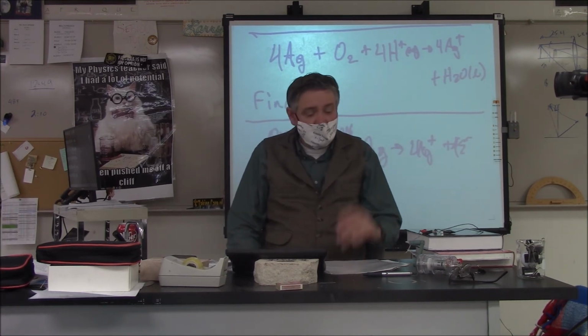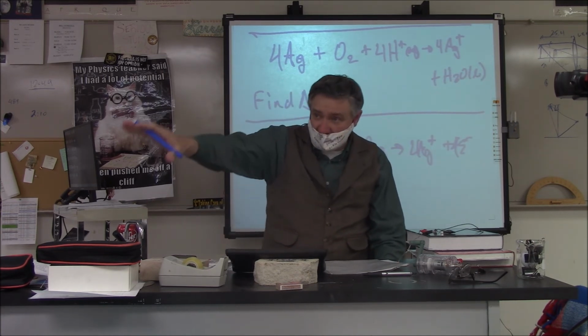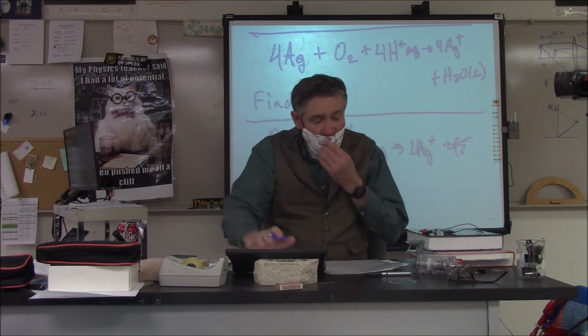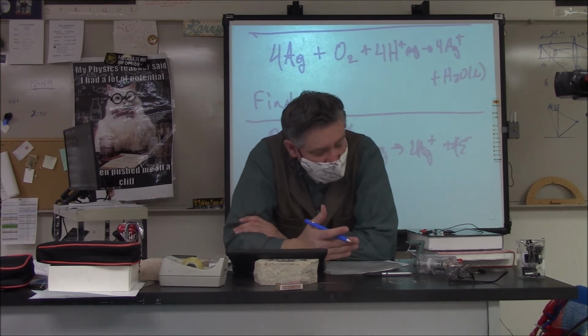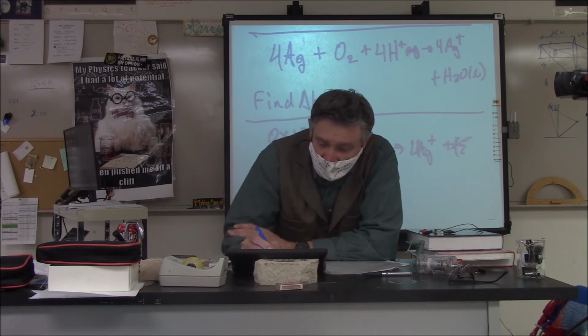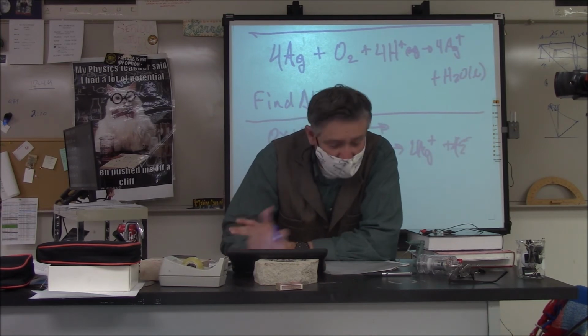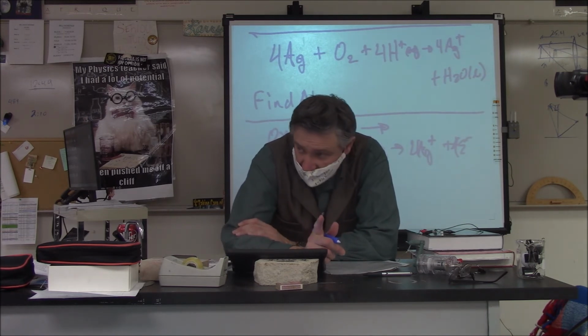There you go. Now, the reduction part, this is where you've got to use that bigger table that I gave you. So, on the reduction part, you need to look for the reduction of oxygen to produce water. Now, this oxidation here, what's the E naught value for the oxidation of silver?